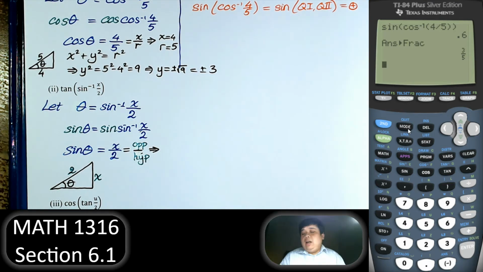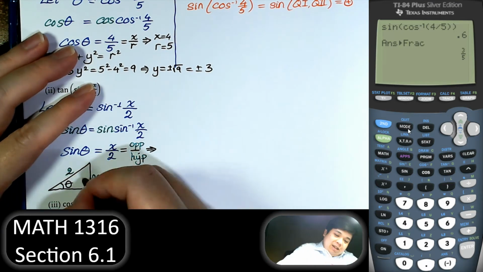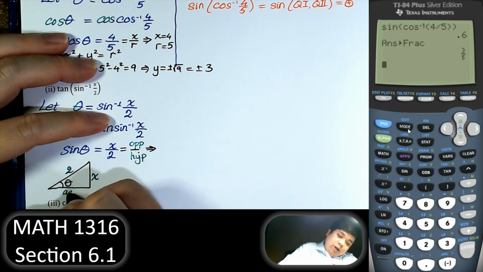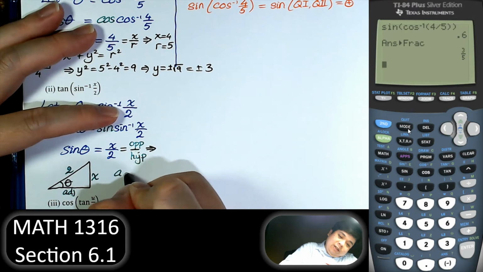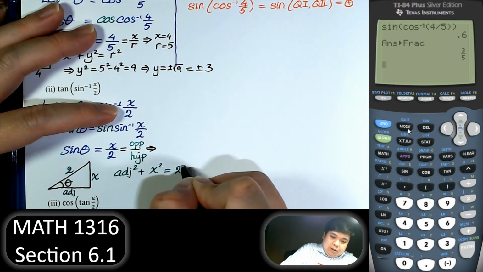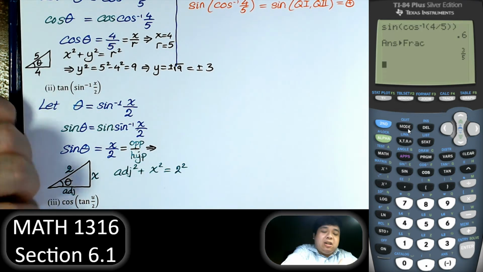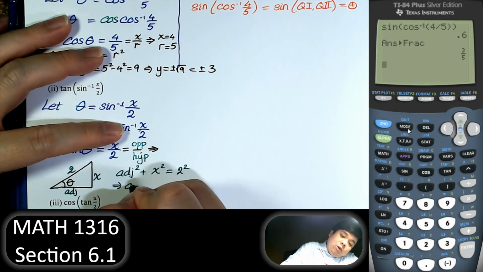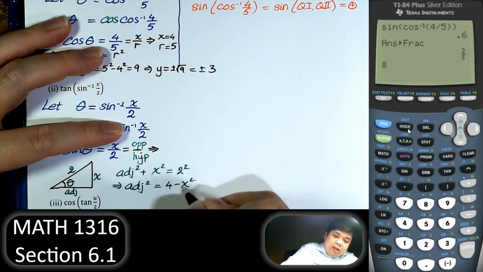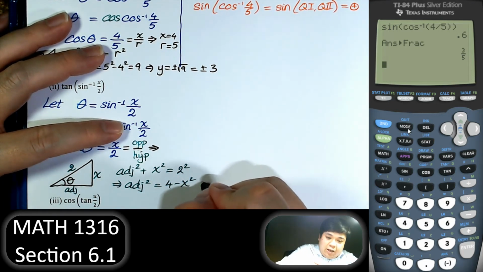And then we have the Pythagorean identities. Here we can solve for the adjacent: it is 4 minus x squared, and take the square root of that.